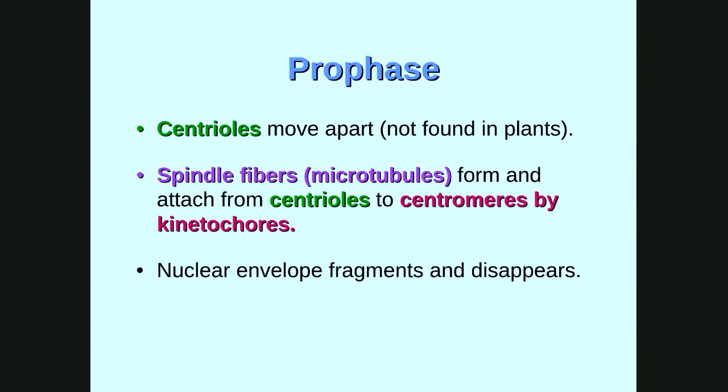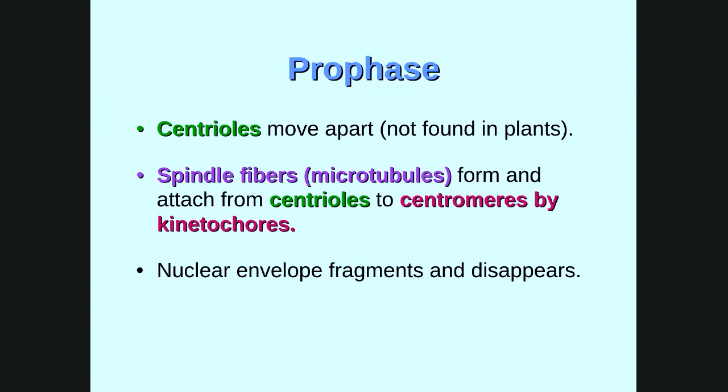The spindle fibers are microtubules formed for the attachment of the chromosomes, attaching to the centromere by the kinetochores. The nuclear envelope fragments and disappears. So these are the things which happen in the prophase stage.